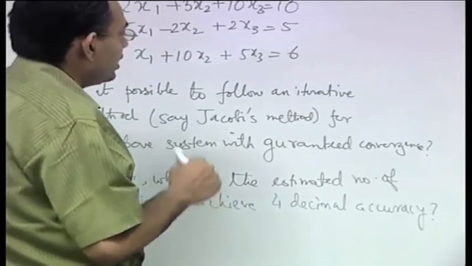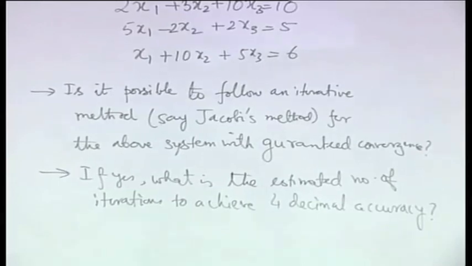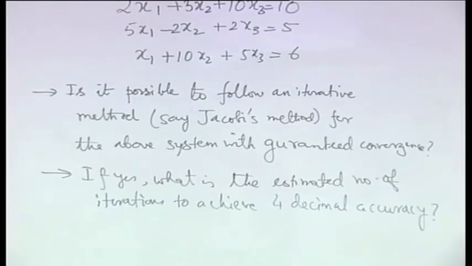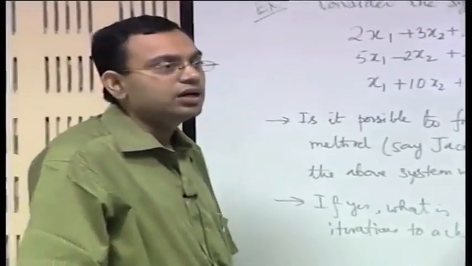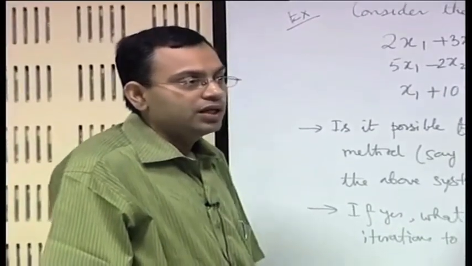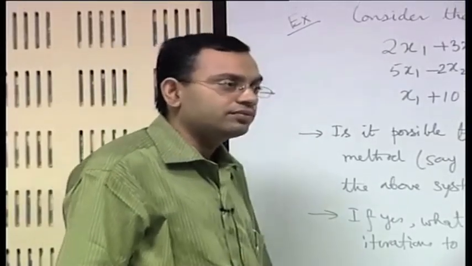Now, what is the first thing that we should look for before assessing the method in more detail? Whether it satisfies the sufficient condition for convergence. Then the question comes, what is the rate of convergence and all those things. To assess whether it satisfies the requirement of the sufficient condition for convergence, we have to assess the norm of M. Essentially we can take as an example a row sum or a column sum norm.